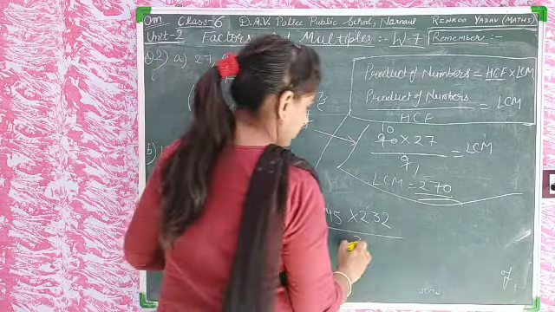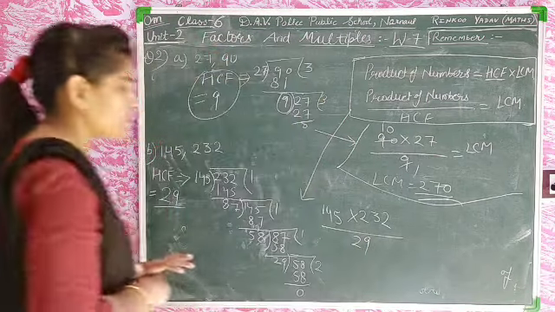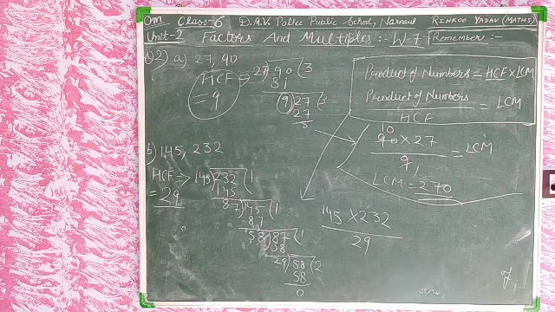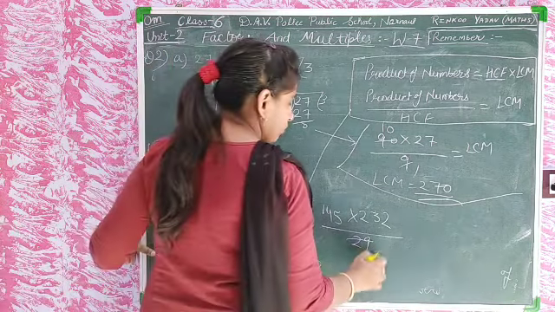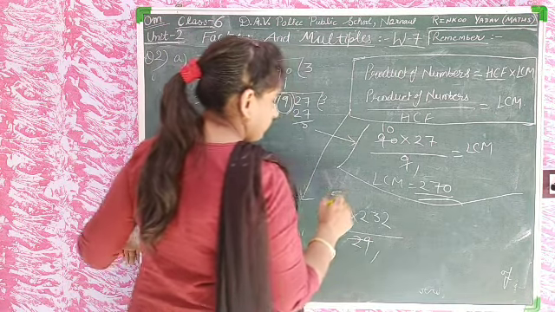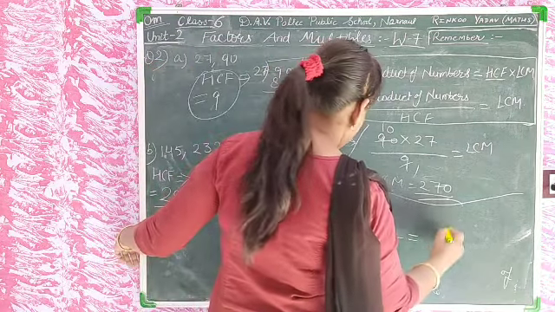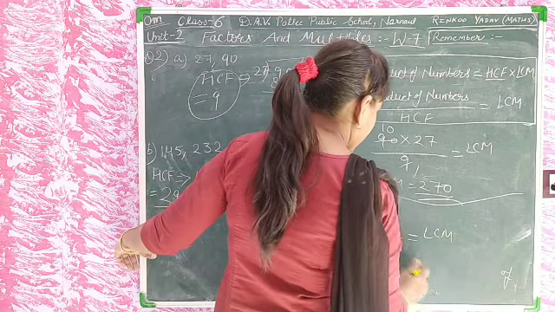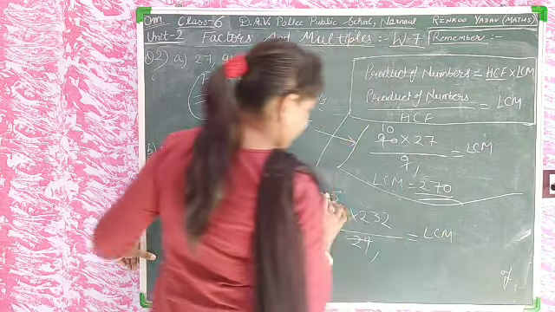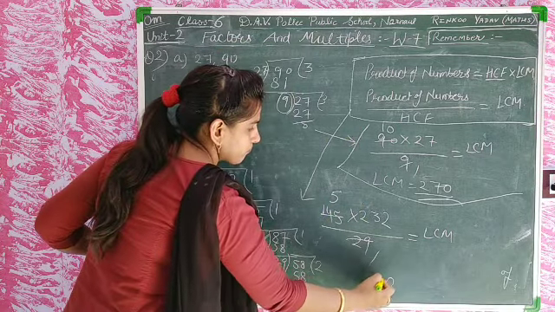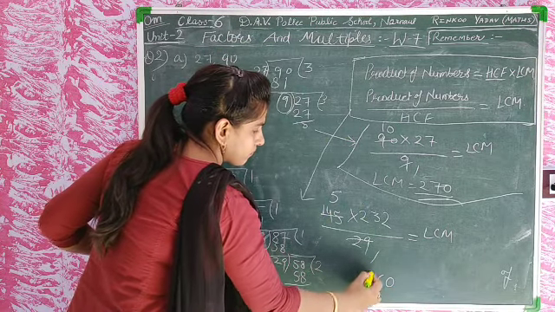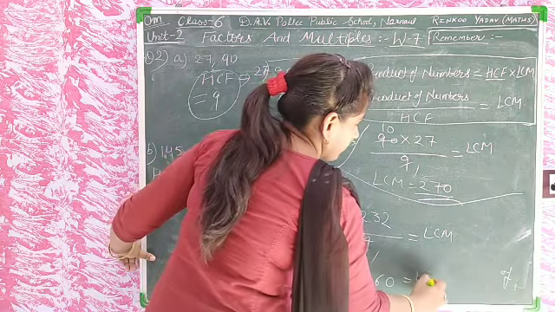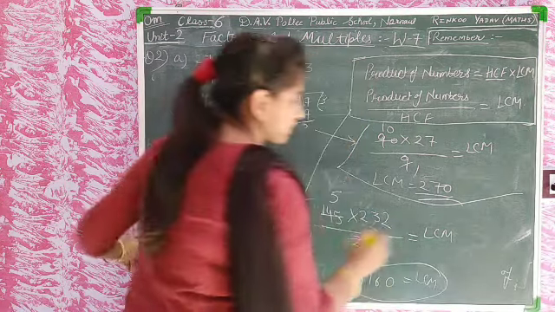HCF is 29, and 29 times 5 is 145. It will be multiplied here, and we get 1160 as the LCM.